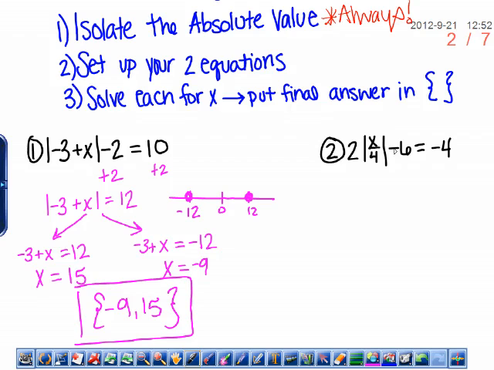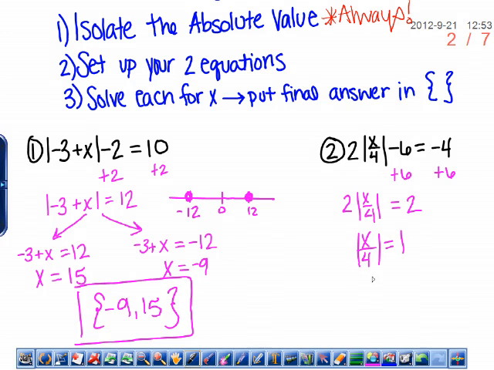So the correct process to isolate this is to start by adding 6. Okay, what would I do next? So I get the absolute value of x over 4 is equal to 1.